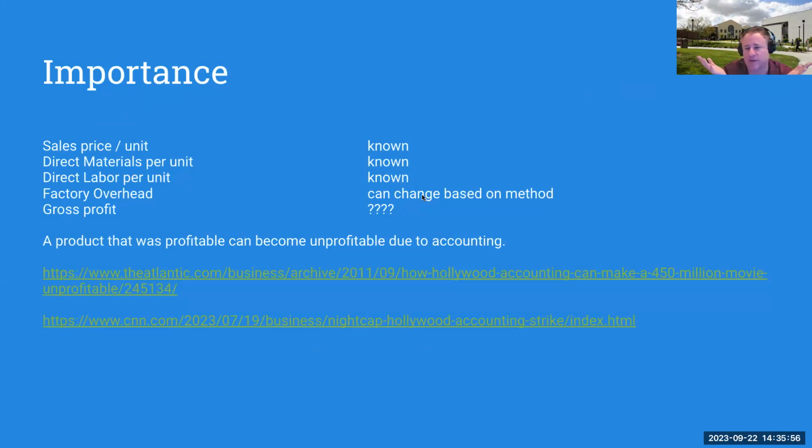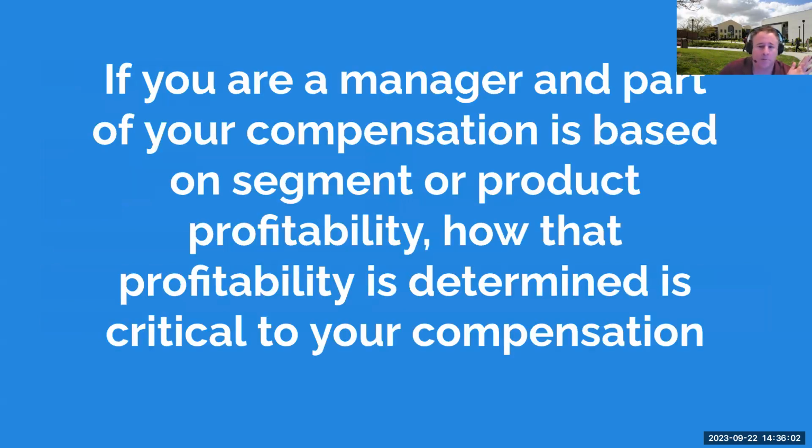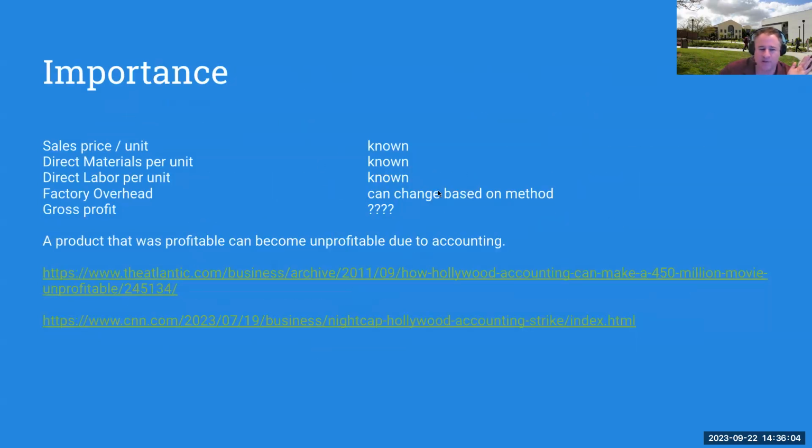Because all of a sudden you can think my division's doing great, I'm doing awesome, and I'm going to get a big bonus. But if other costs start getting allocated to my division, which I don't have control over, and all companies are not necessarily going to do this, and we'll talk about that in some future chapters, there's a problem.